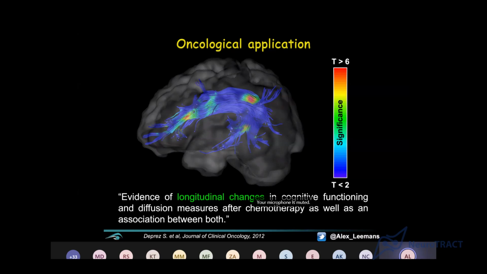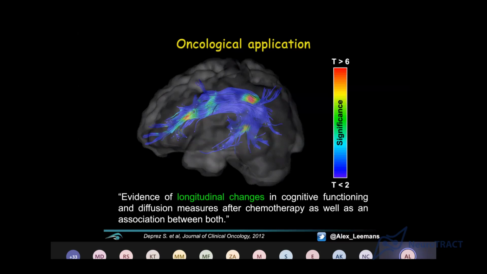In this study, it was shown that diffusion properties were actually correlated with cognitive functioning, and that these changes were due to chemotherapy.